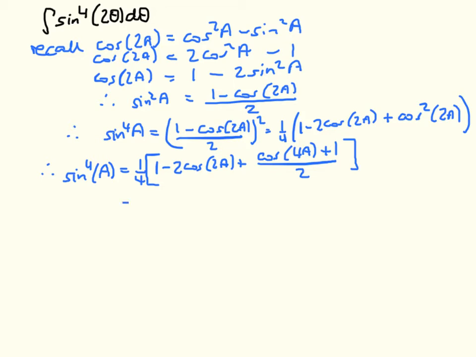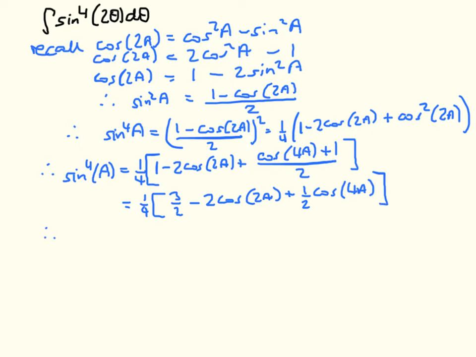So if we just tidy this up a little bit, we have 1/4, and we have a 1 and a 1/2 that we can add together, so we get 3/2 minus 2 cos 2a plus 1/2 cos 4a.